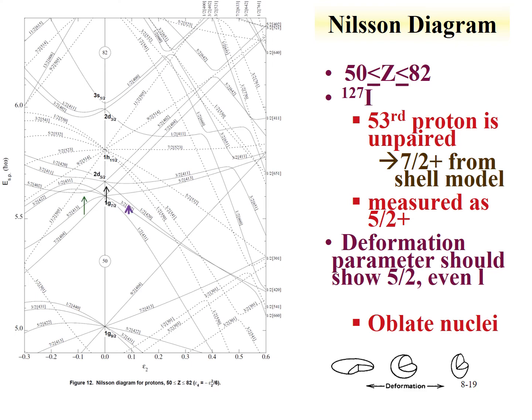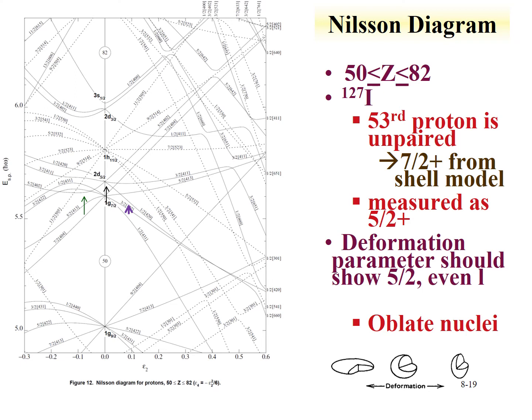If we go to where the nucleus could live, if it's spherical, it would be in the 1g 7/2. If it's a prolate nucleus, so a positive deformation parameter, the orbital should be occupied as shown by the blue arrow, and that should be in a 3/2 orbital because it's 53.